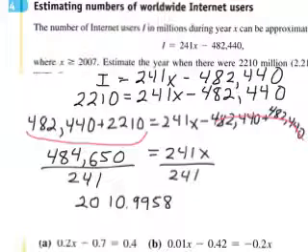Using the calculator again, we get 2010.9958. So it's a little more than 2010, right? It's in 2011. So we'll just put 2011. We'll approximate. And that equals our x. So the year 2011 is when they had 2,210 million internet users.